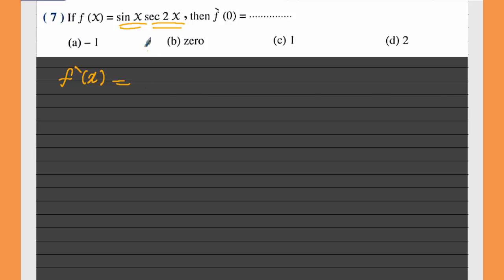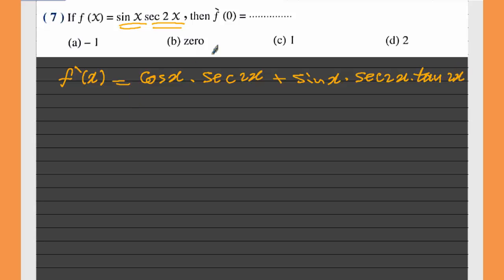The derivative of the first is cosine x dot the second function itself without any change, plus the first function is sine x multiplies the derivative of the second function. The derivative of sec is sec tan. So the derivative of sec 2x is sec 2x dot tan 2x.